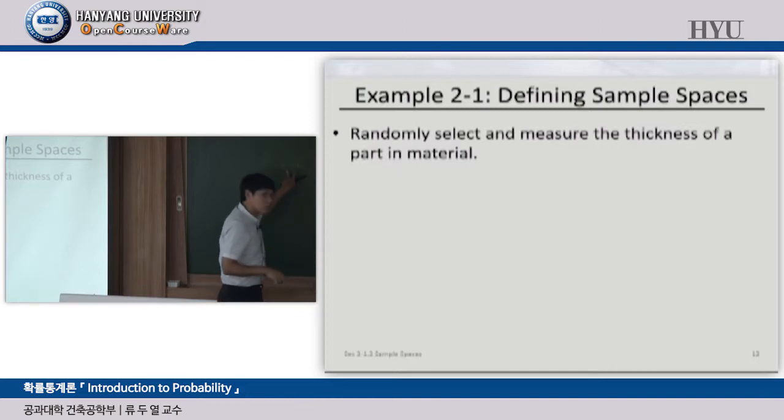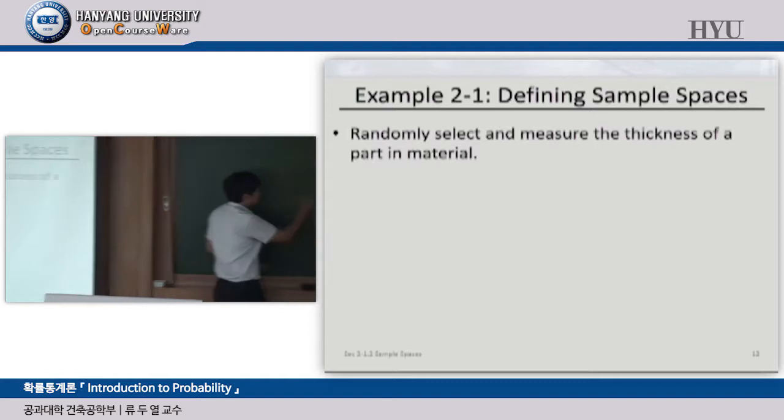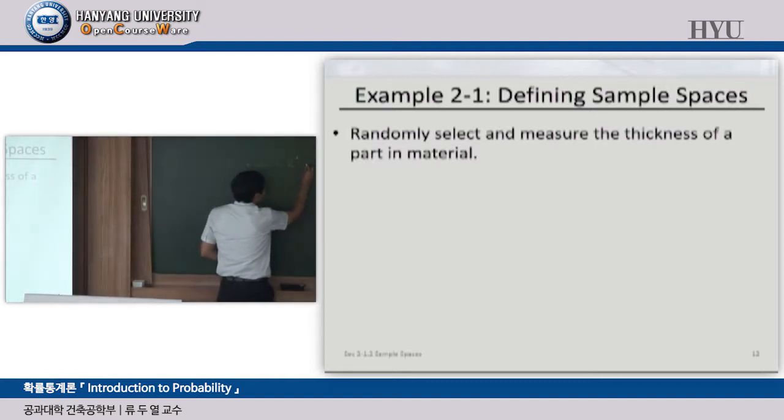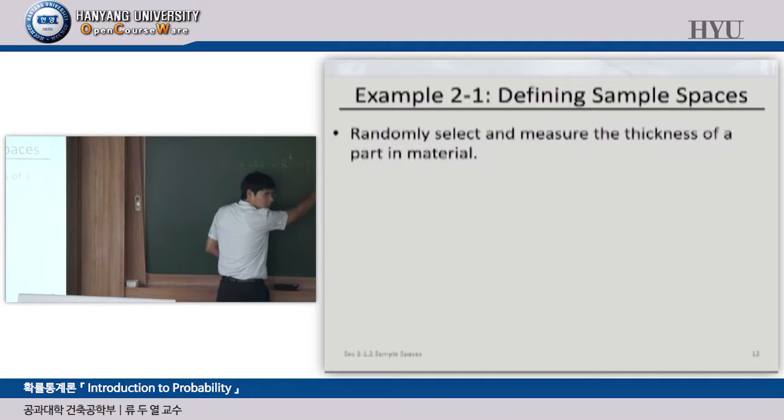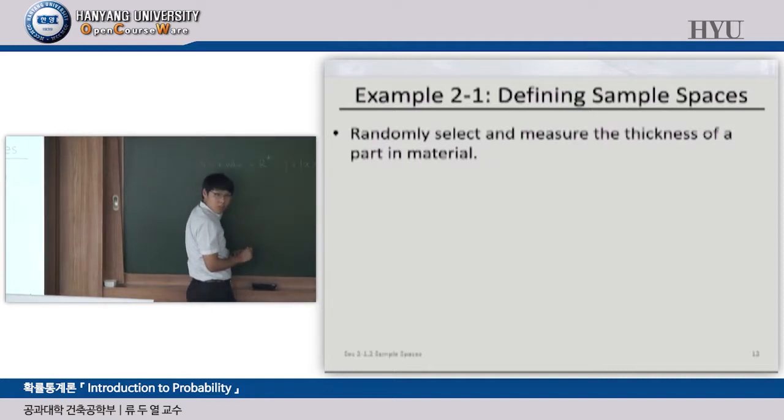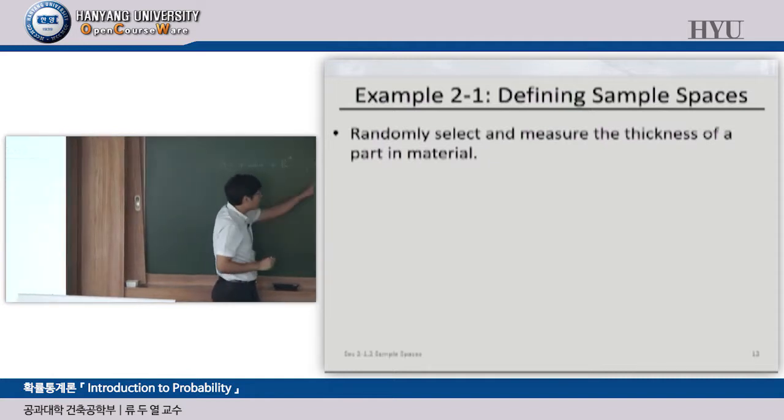The thickness of some material is always a positive value, right? So normally the positive values can be expressed by this R plus symbol, and we can also express this as this equation by assuming that x indicates the thickness of a material. So the thickness of material is always larger than 0, right?